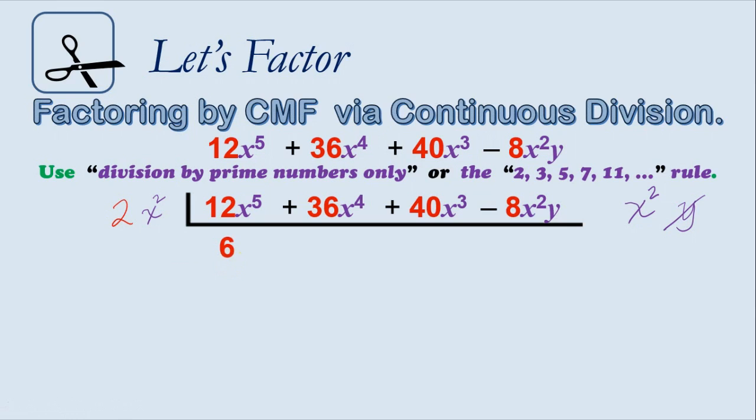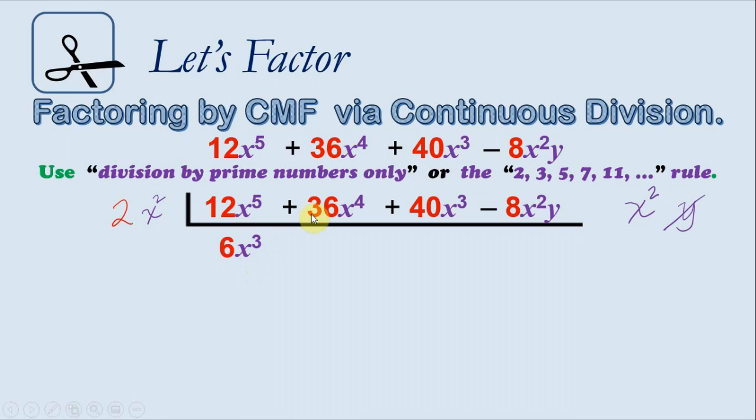Remember, division of variables is like canceling or subtracting. X to the fifth divided by x squared is like canceling x squared from x to the fifth. Thus, x to the third will remain. It's also done by subtracting exponents 5 minus 2 to give us 3.